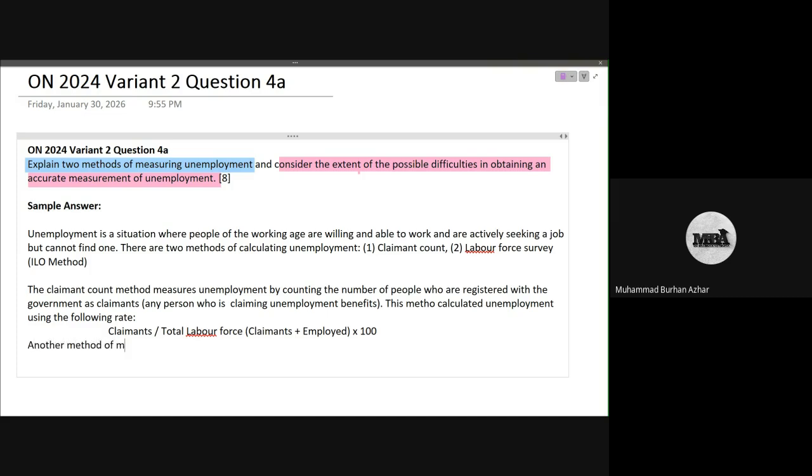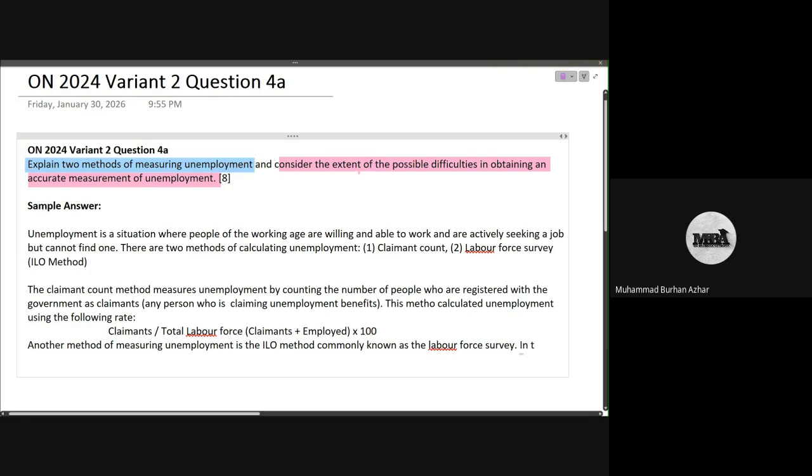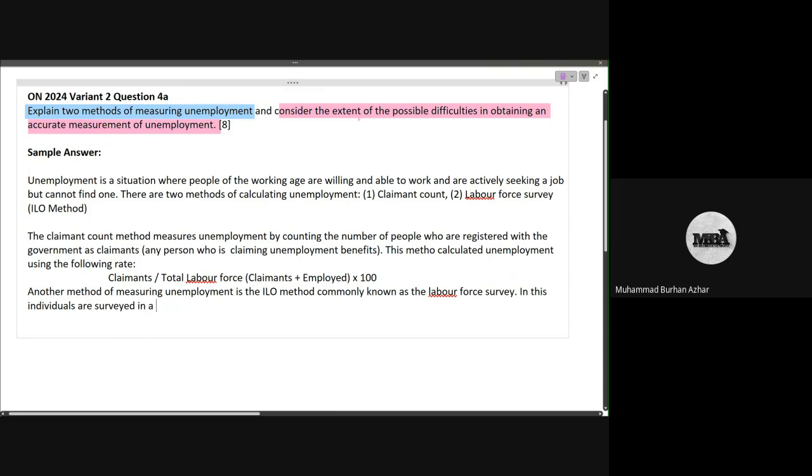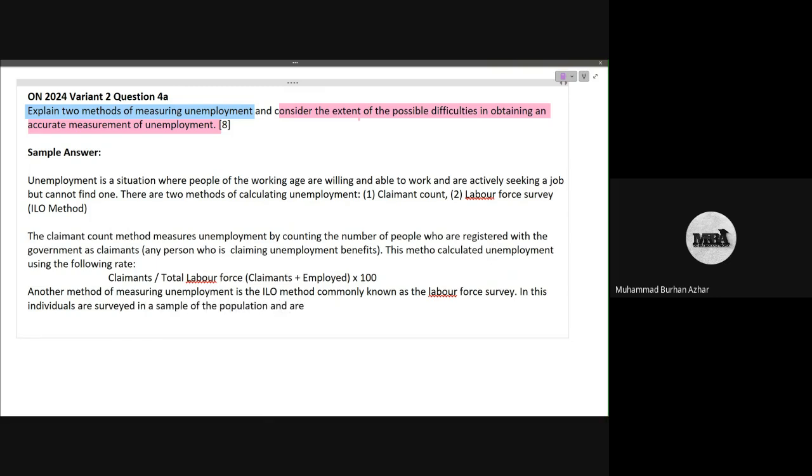We then talk about the second method. Another method of measuring unemployment is the ILO method, commonly known as the labor force survey. In this, individuals are surveyed in a sample of the population and are asked three things to be classified as unemployed.